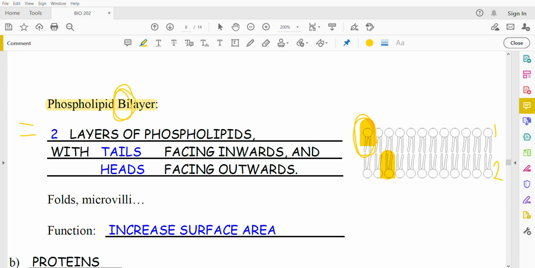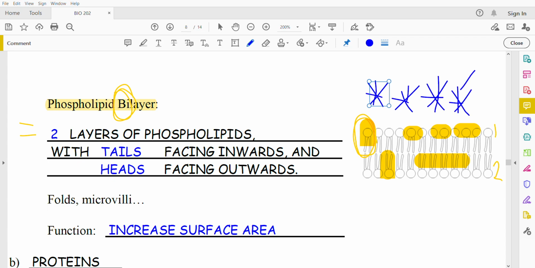And their heads were facing outwards. You remember here. And tails were facing inwards. And this way, because most of the surroundings, most of our body, is made of water, everyone's happy.